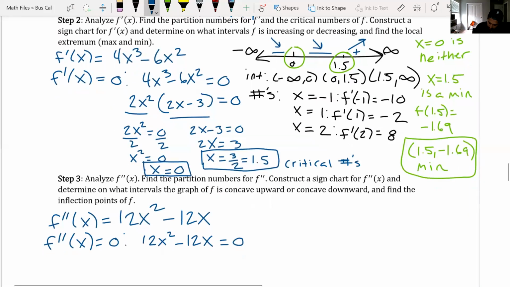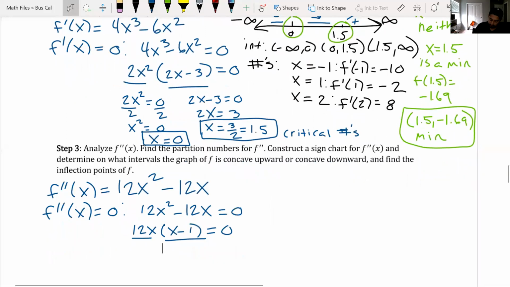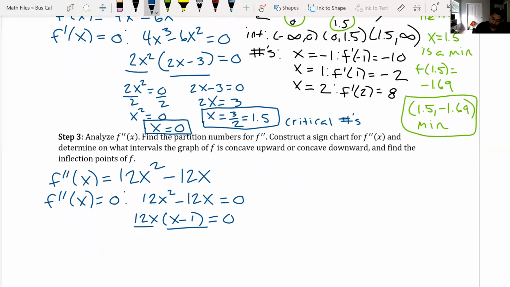Factor out a 12x. That leaves you with x minus 1 equal to 0. Set both of those equal to 0. And we'll get 12x equals 0. x minus 1 equal to 0.